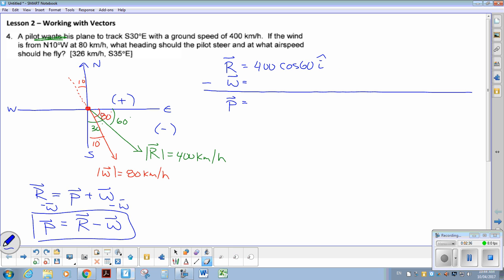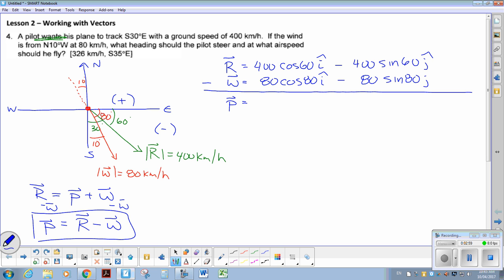And I said it's going to be a negative y component because it's in the bottom quadrant. 400 sine 60 j. My wind is in the same quadrant, so it's going to be positive and negative. So it'll be 80 cos 80 i and 80 sine 80 j.